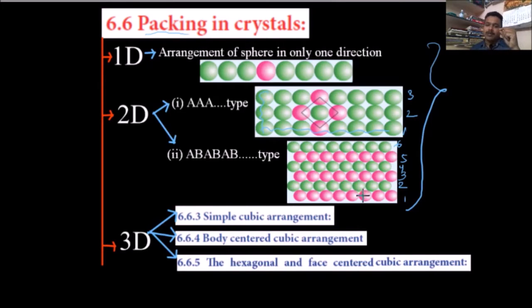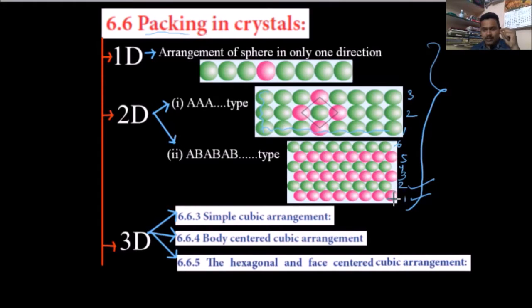Observing here, what happens is that the second row sphere centers do not coincide with the first row sphere centers. They are not identical, they are not on one axis, they are on different axes. When you observe this, rows 1 and 3 are identical, and 3 and 5 are identical.